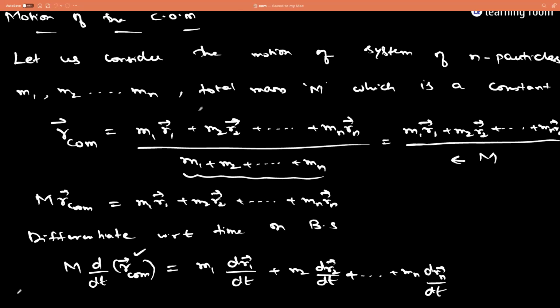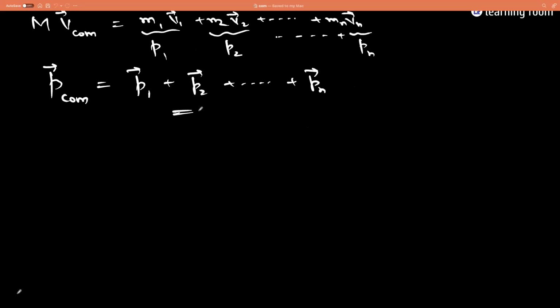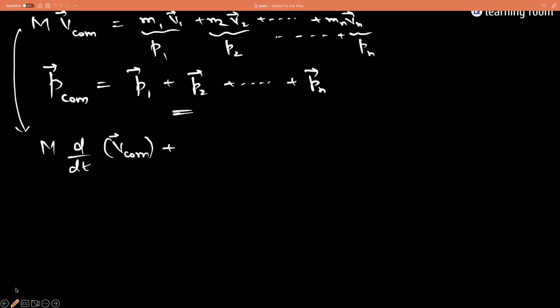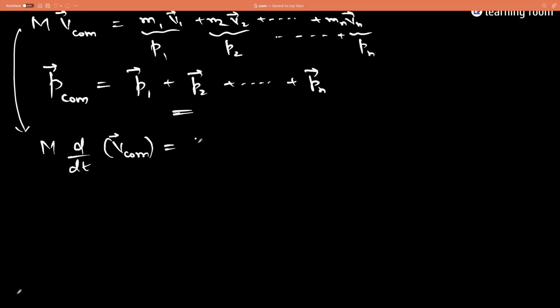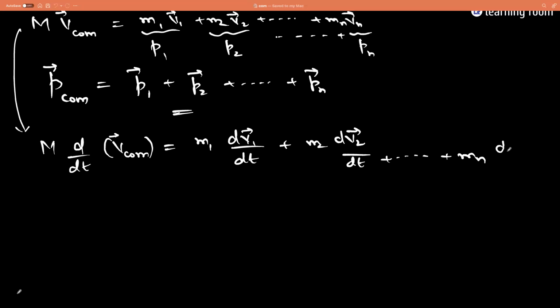Now, if I differentiate this further with respect to time, then I'll get M into d by dt of the velocity of center of mass vector is equal to m1 into dv1 vector divided by dt plus m2 into dv2 vector divided by dt plus so on till mn into dvn vector divided by dt.